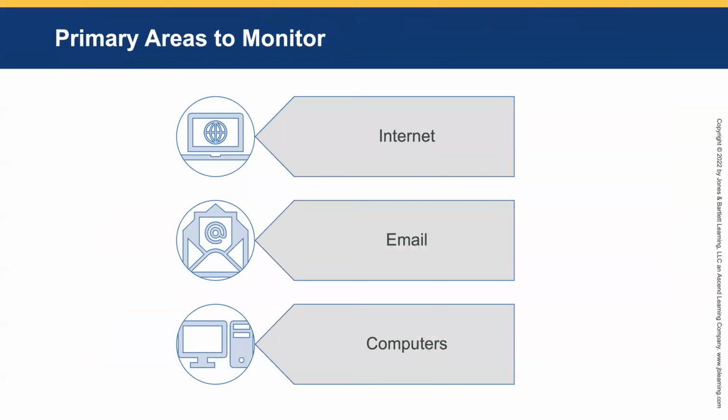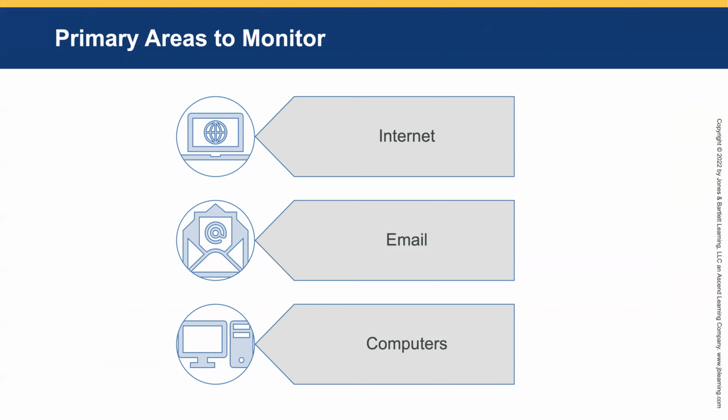And so there are going to be different areas that need to be monitored to ensure consistency. And so to minimize any actions that might be negligent to the organization, there are going to be specific areas associated with devices that the organization is going to want to focus on.